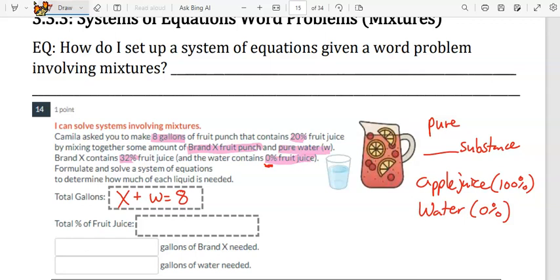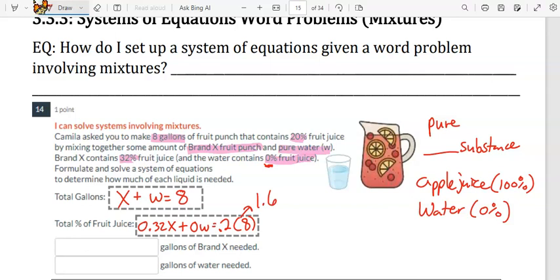Brand X is 32%, so we have 0.32X plus 0W, since water is 0% fruit juice, equals 20%, which is 0.2 times 8. And 0.2 times 8 is 1.6.